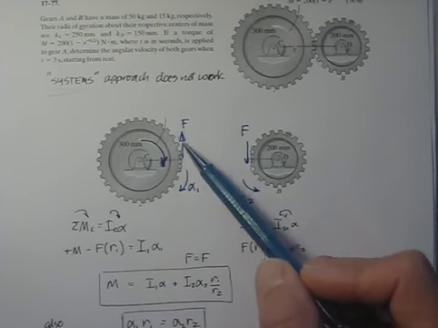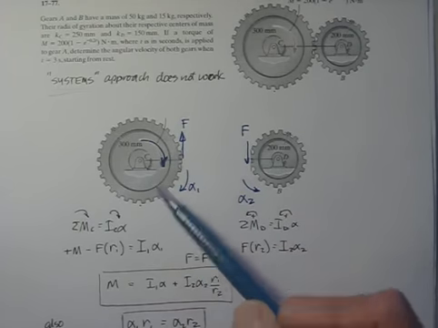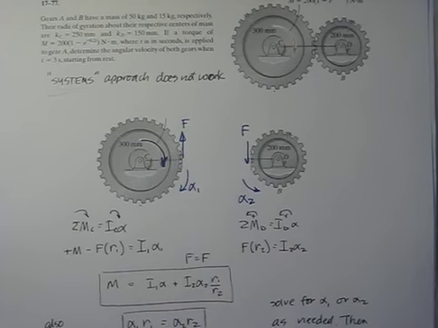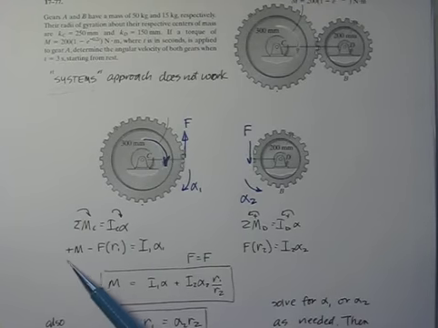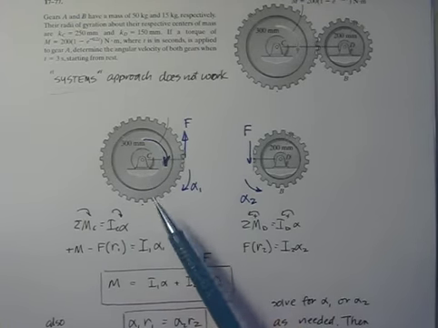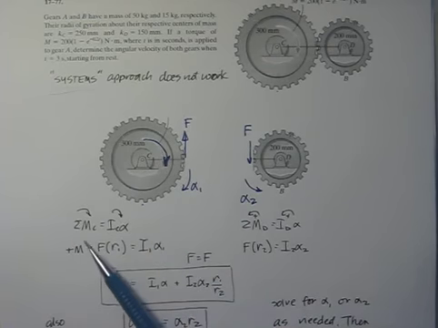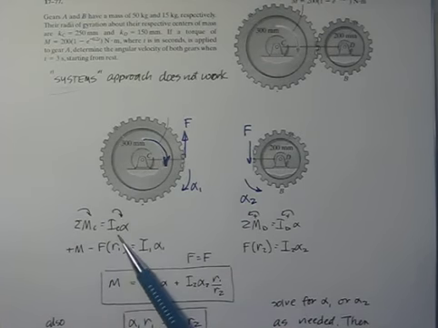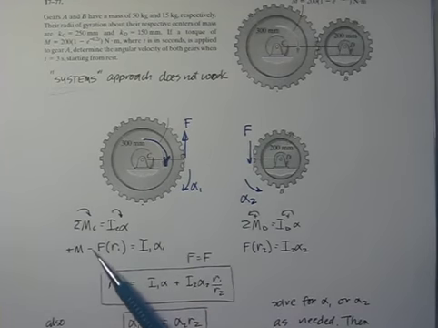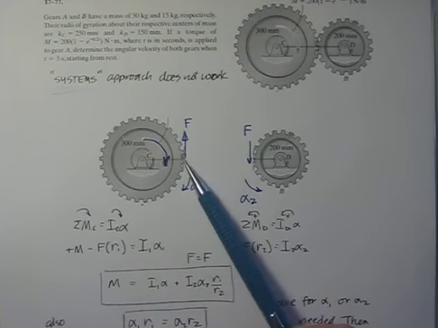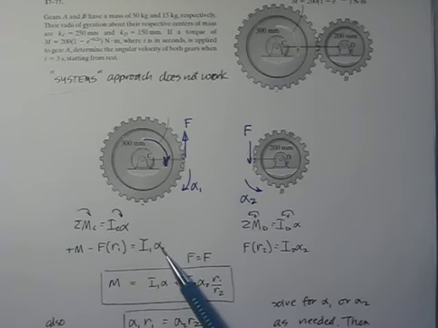So this is the force that resists this acceleration as well as the mass moment of inertia. So if I look at this gear, I'll just say sum of the moments about C is equal to IC alpha. I have that moment minus this force times the distance is equal to I1 alpha 1.